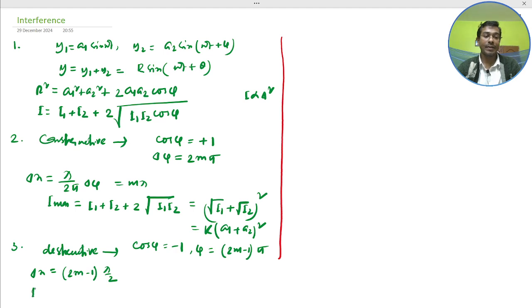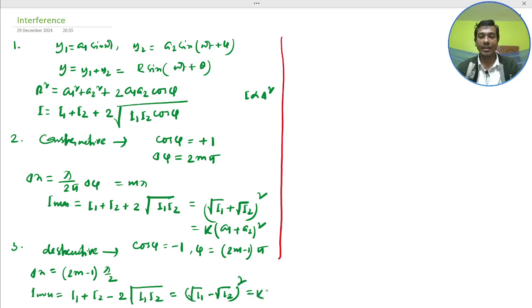So here I min would become I1 plus I2 minus 2 root over I1 I2. This would become (root over I1 minus root over I2) whole square. This would become k (a1 minus a2) whole square.